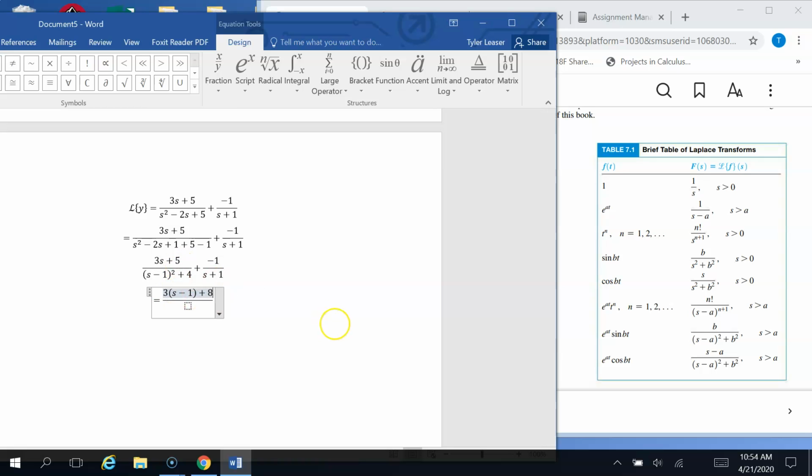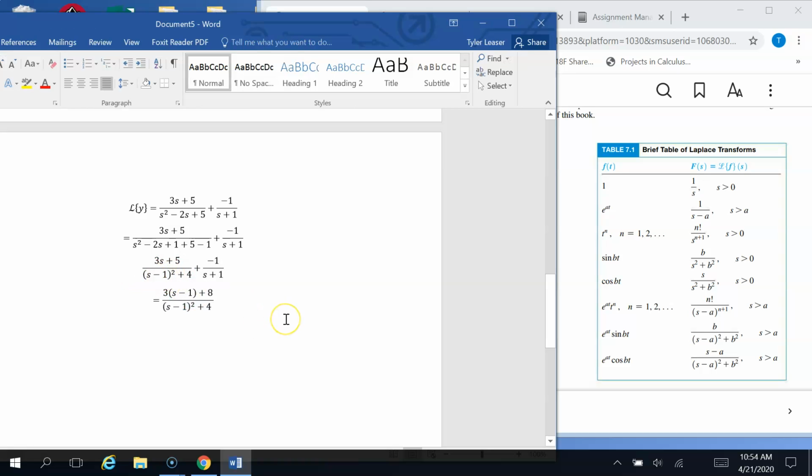I have to also undo that by adding 3 to the 5 to make that an 8. All right, so the reason I'm doing that is to force there to be an s minus 1 instead of an s. The reason I wanted the minus 1 there is because it has to match the same thing that's down here in the numerator. I still have this negative 1 over s plus 1 as well.